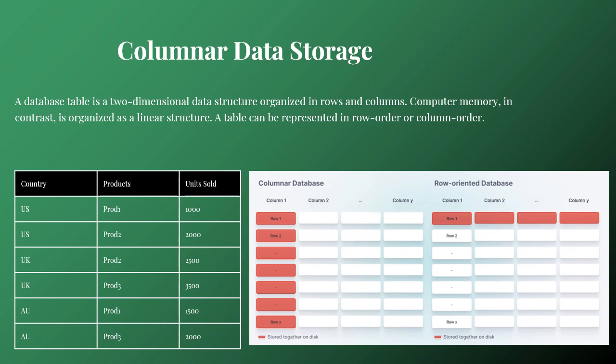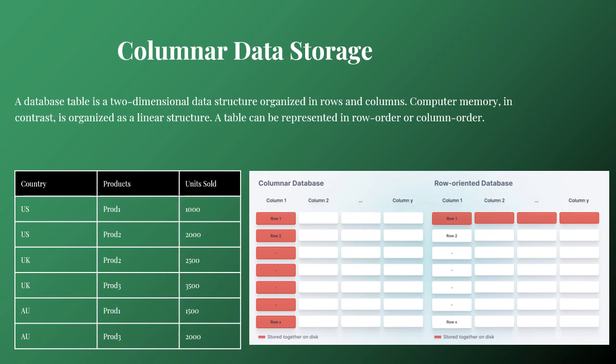In the columnar data storage, let's try to understand how it is done through a table. A database table in SAP is nothing but a two-dimensional data structure. Let's take one example of a database table which has three columns. The first one country, the second one products, the third one units sold.